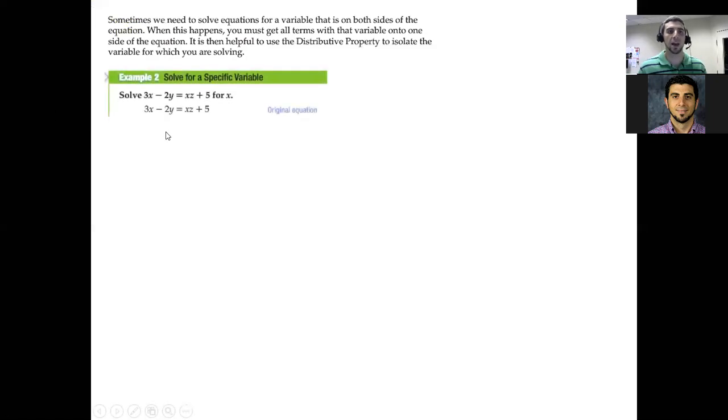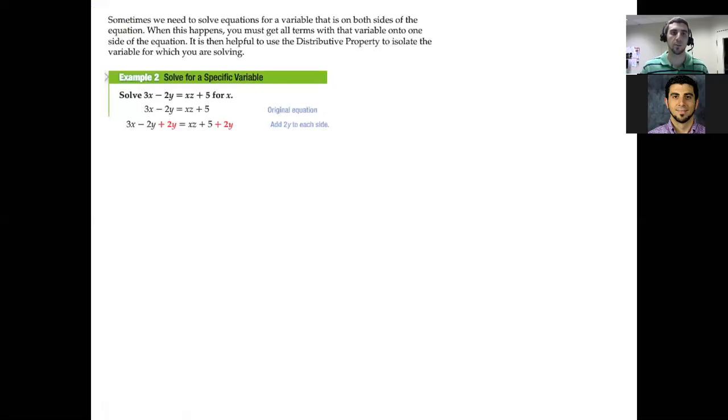So if I have 3x minus 2y equals xz plus 5, and I want to solve that for x, it looks complicated. I know I got 3 variables, but you got x's on both sides. So what we're going to do is get the terms with x on one side and everything else on the other. So first you want to get the 2y on the other side.